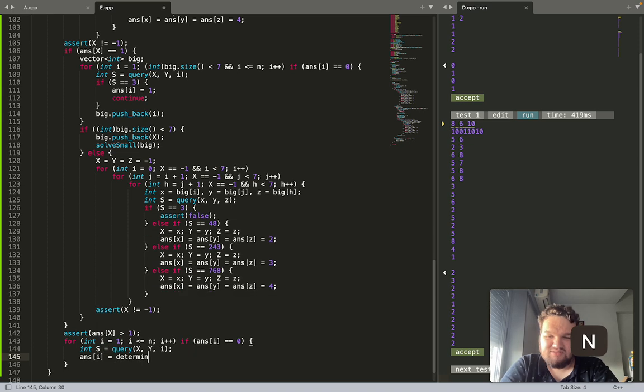Determine sort, if I know that the area is S and I have two sides with length that is equal to ans(x).